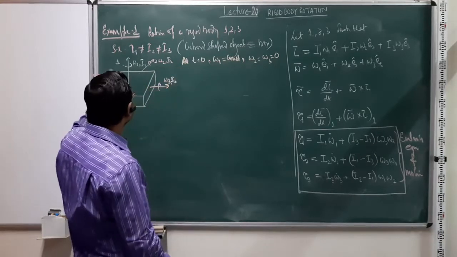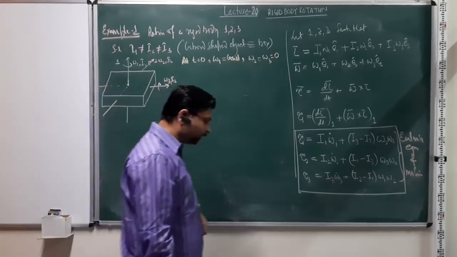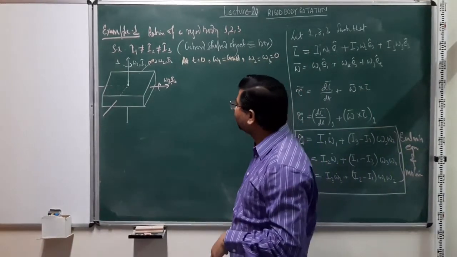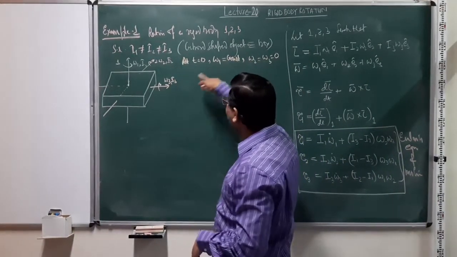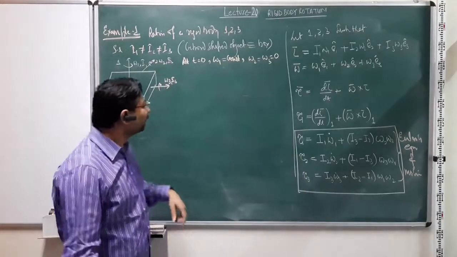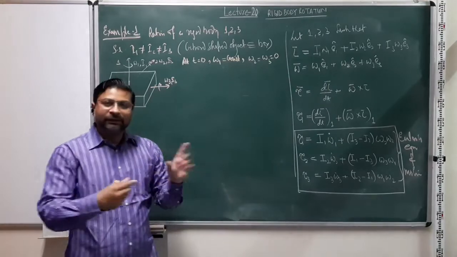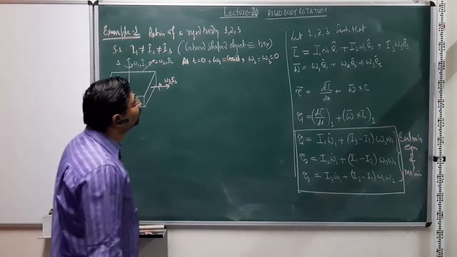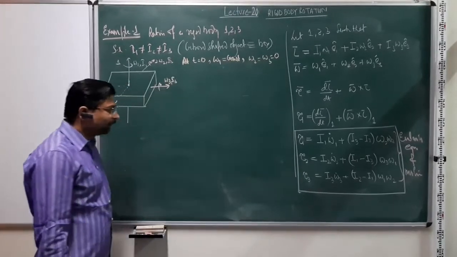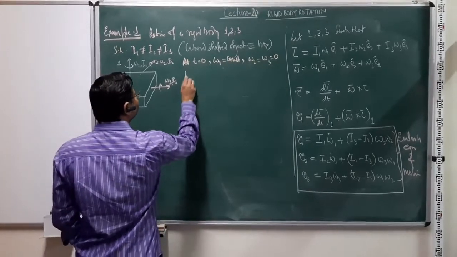We are not defining which one is axis 1. However, we know that there are 3 principal axes. You can always change the notation as 1, 2, 3. Let's say it's rotating about one of these axes with constant angular speed omega, and in the other 2 directions there is no rotational motion. So omega 2 is equal to omega 3 is equal to 0, right? Now let's perturb the system.